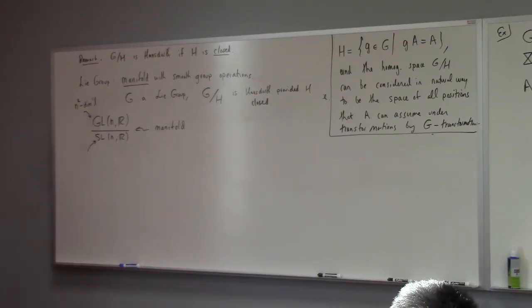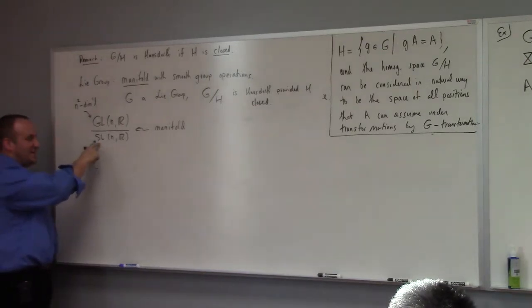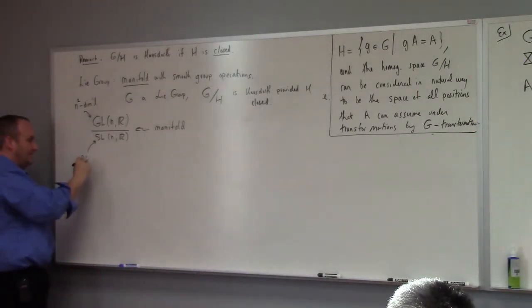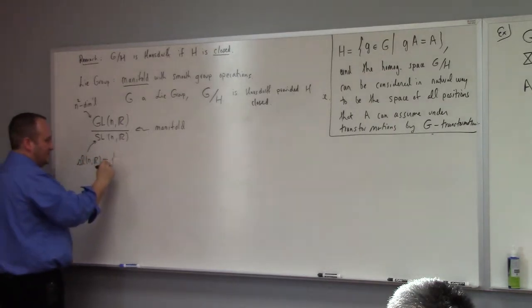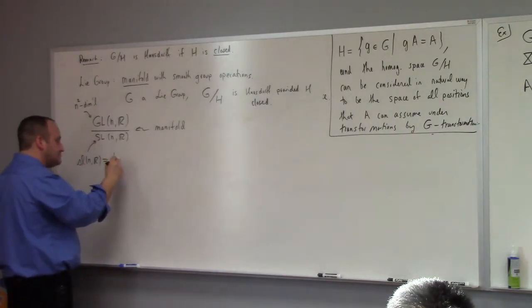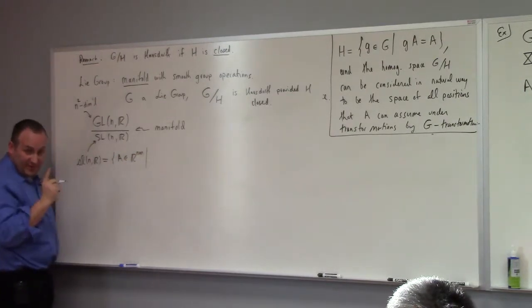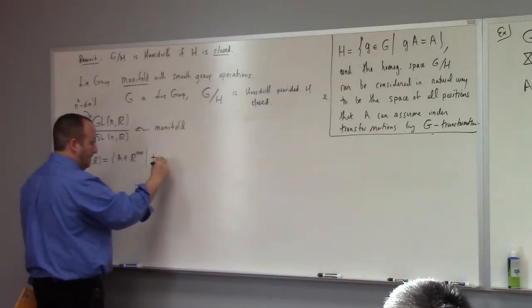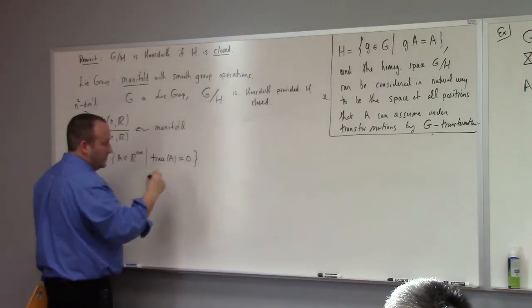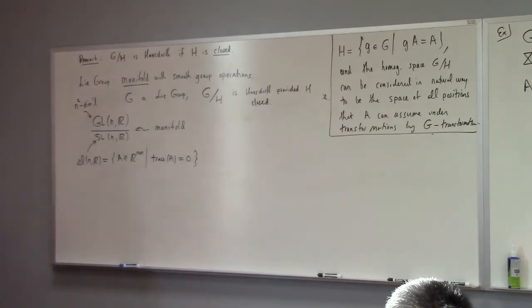And you can show that the Lie algebra of this little sln is essentially n by n matrices A such that the trace of A is equal to 0. It's not obvious why that's true, but it is. Well, I can tell you why. It's because the exponential map gives you a coordinate map from the Lie algebra to the Lie group, generally speaking.